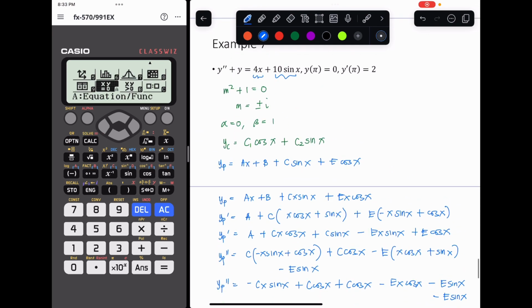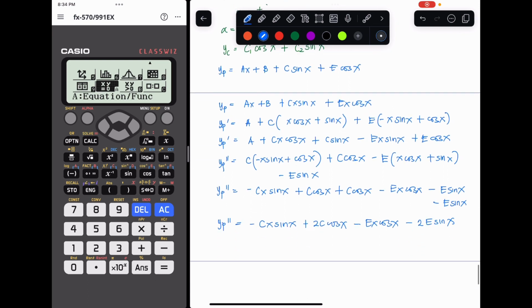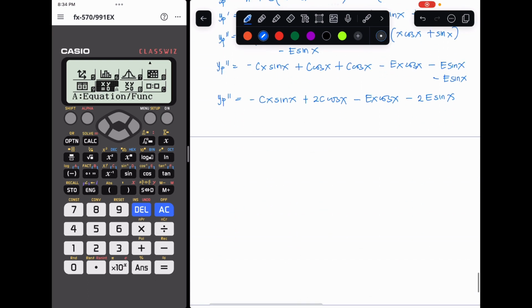So for our solution then, y double prime plus y is equal to 4x plus 10 sine x.